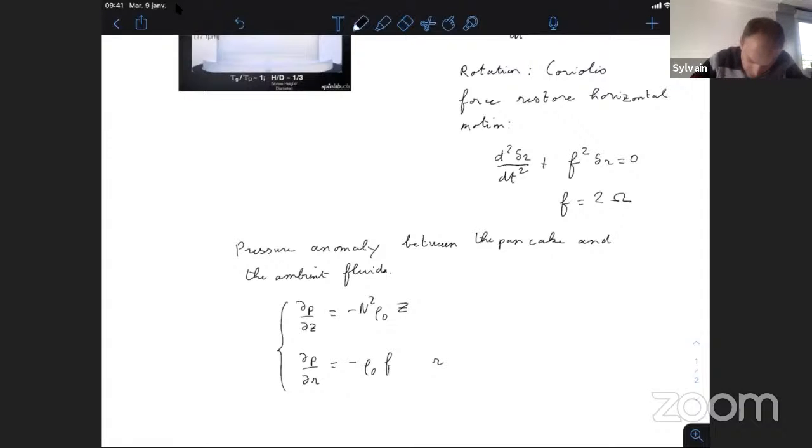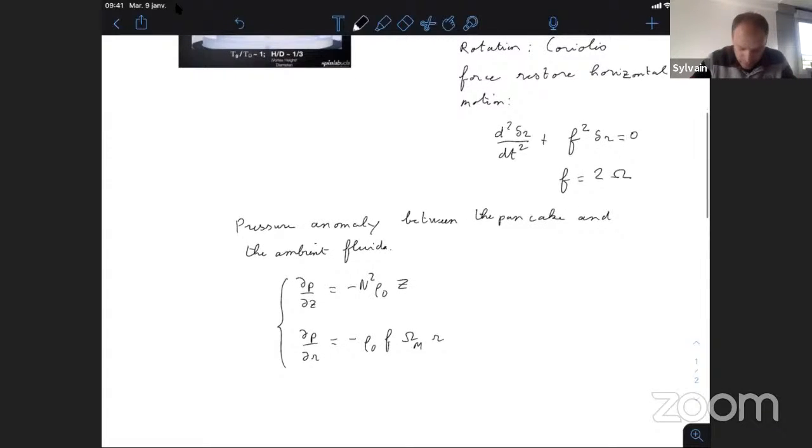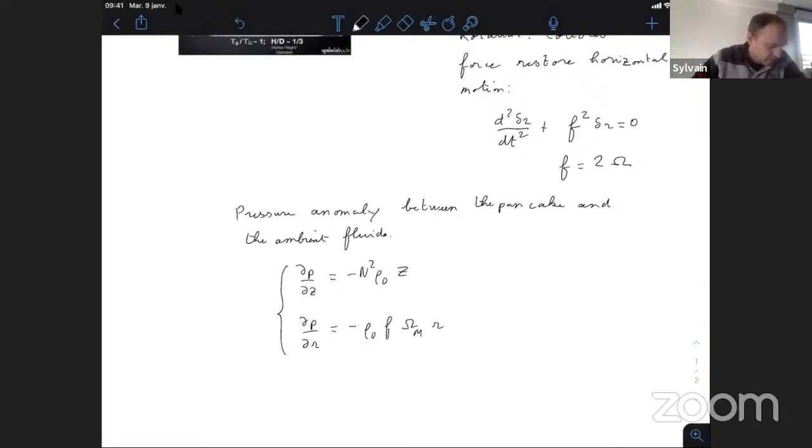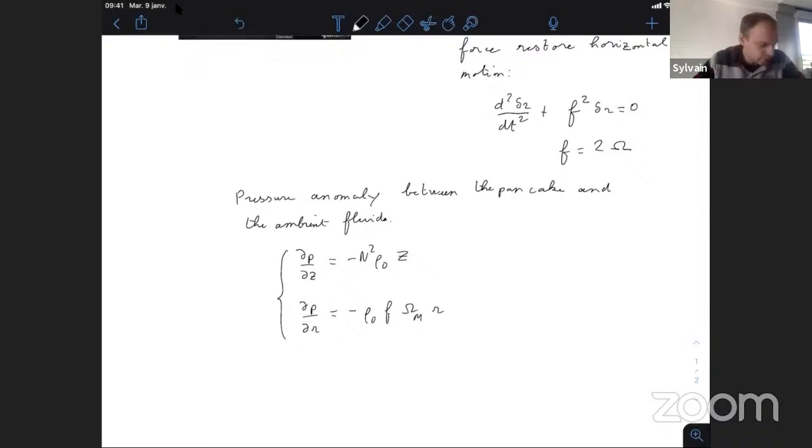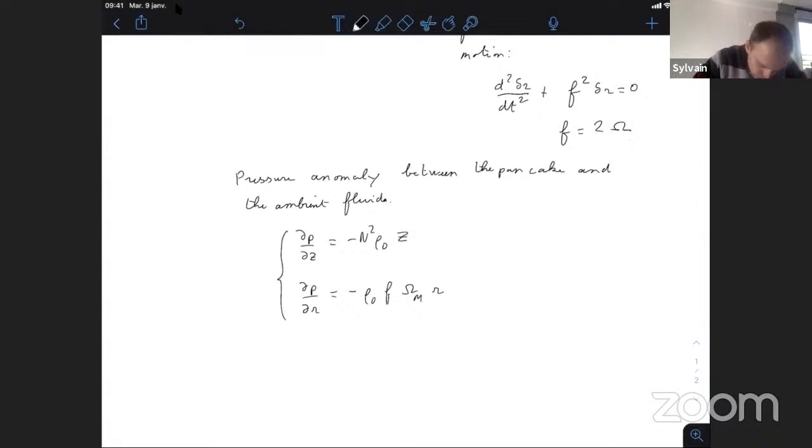I will write omega m. Omega m here means that the pancake's rotation rate is not exactly equal to the rotation of the ambient fluid. That's why you have Coriolis force. And if you integrate both, you have this equation: rho naught f omega m r squared over 2 plus rho naught N squared z squared over 2.